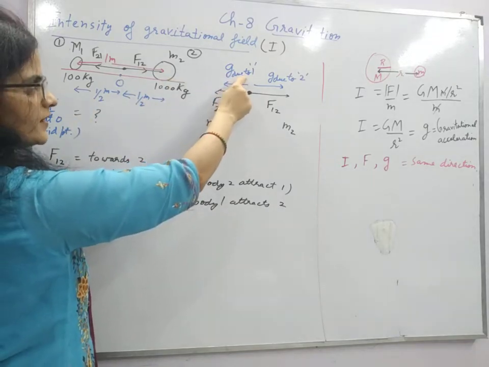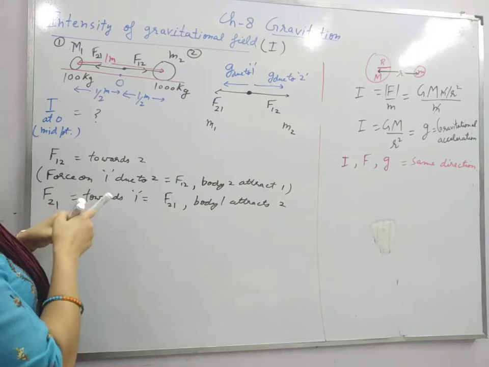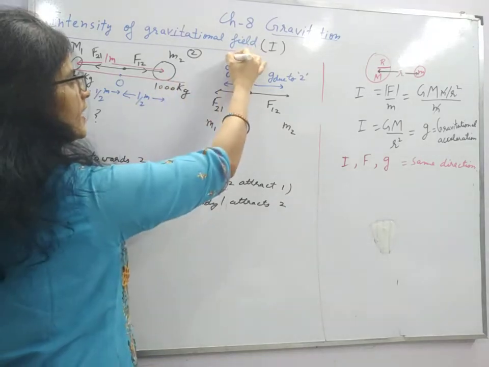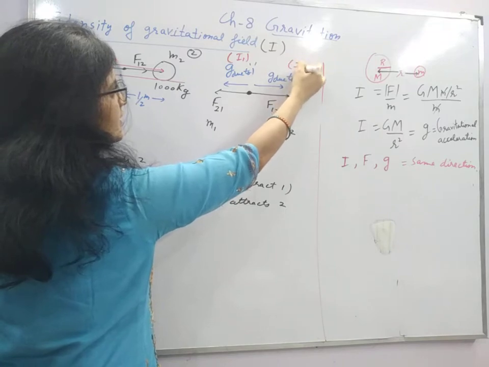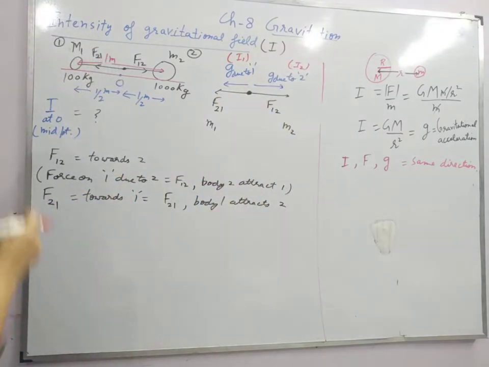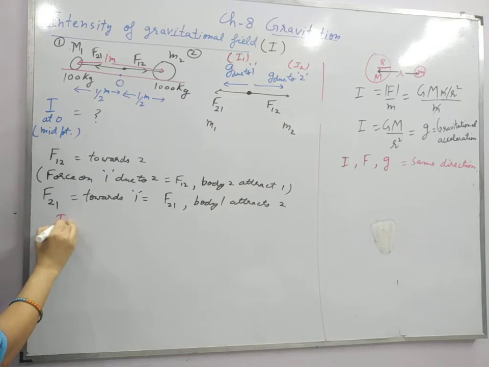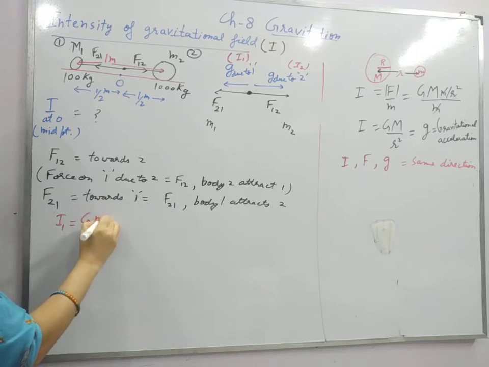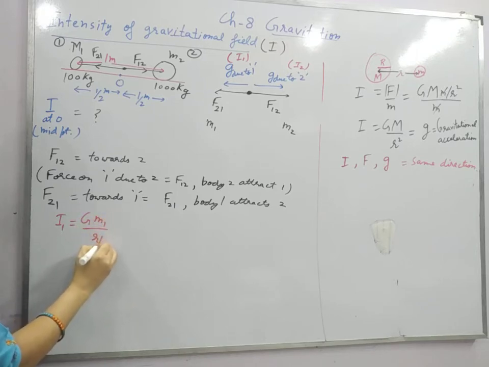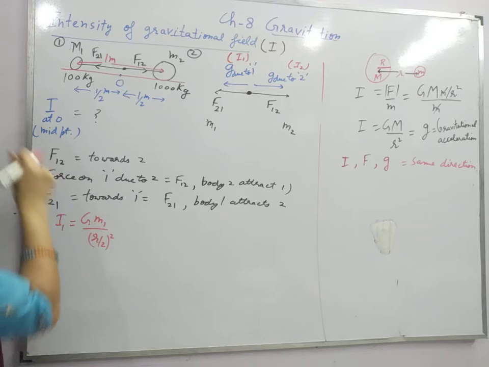So G due to 1, that is gravitational field intensity due to 1, is also called intensity due to 1, and this is also called intensity due to 2. These have opposite direction, and we know the formula. Intensity due to 1 will be G m1 upon r by 2 whole square, right?